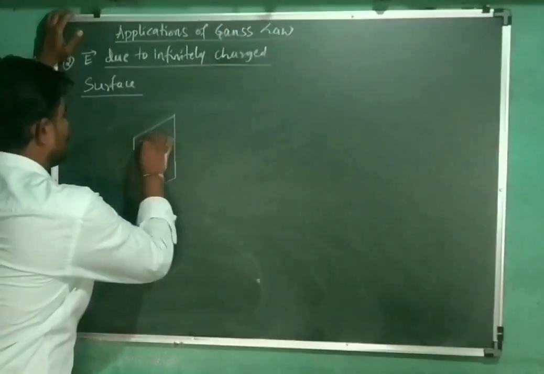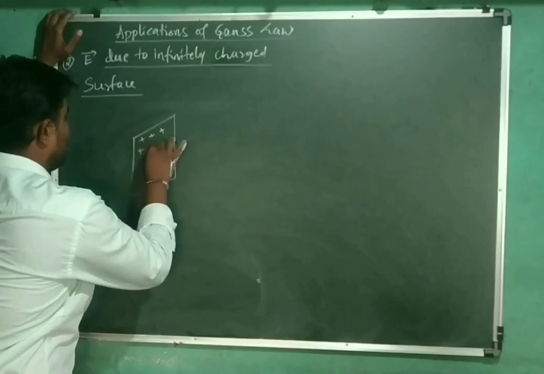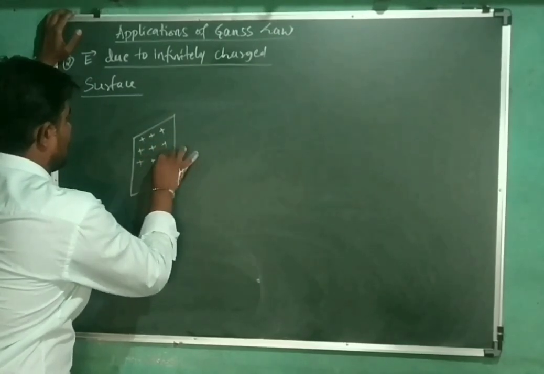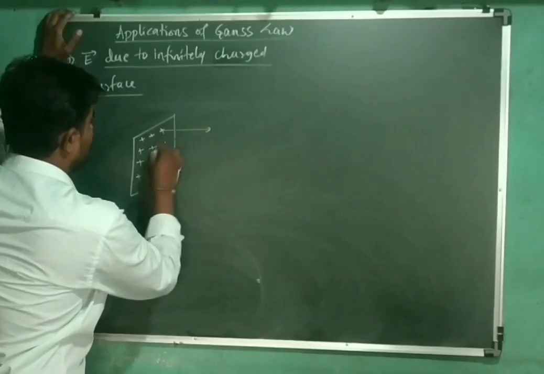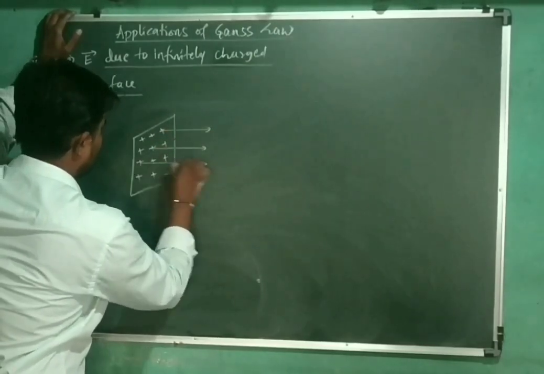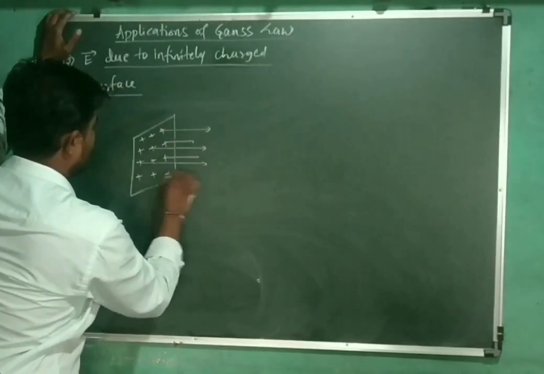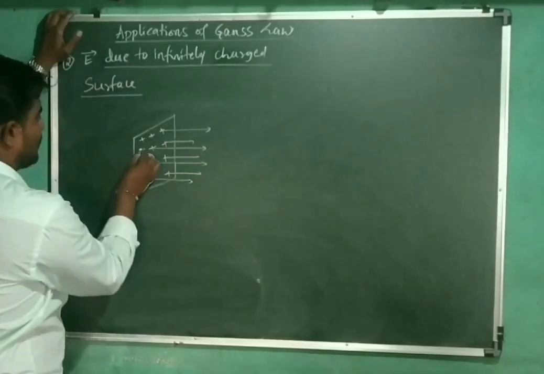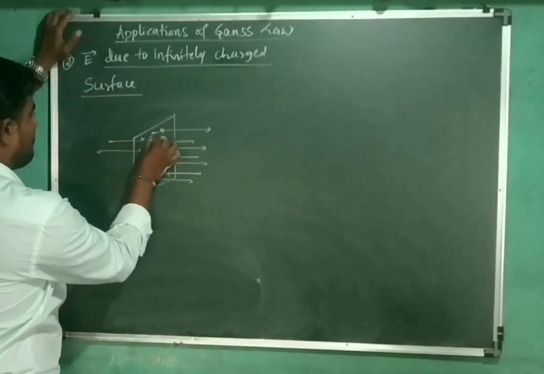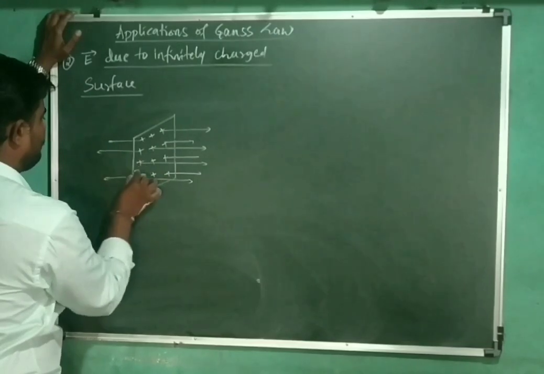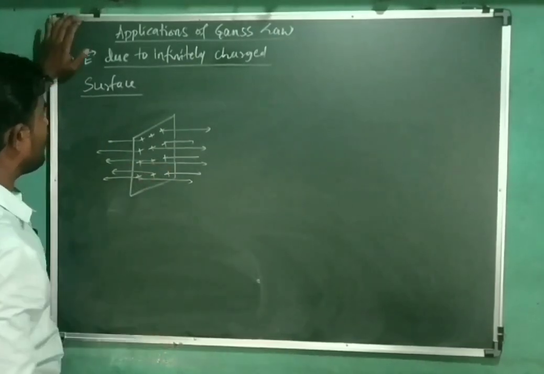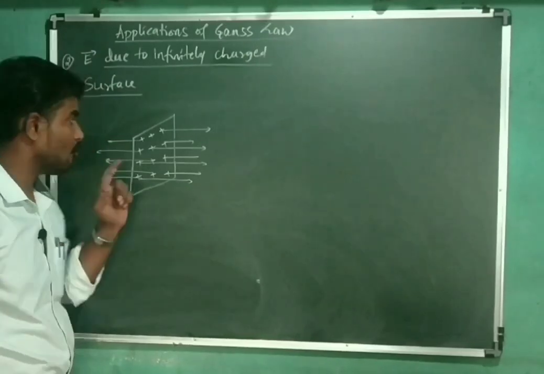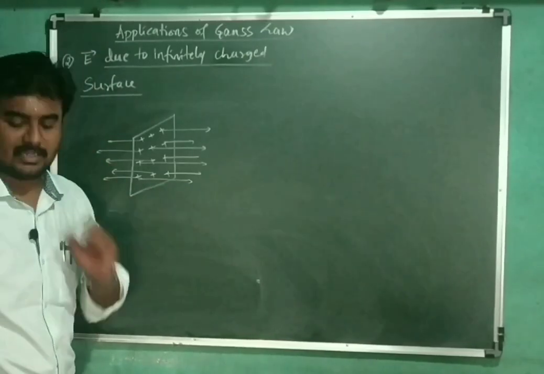Okay, and there are charges located here, and the direction will be radially outward. Radially outward means like this. And backside also, here also. In order to calculate electric field with the help of Gauss law, the first point is we have to consider what? One Gaussian surface.